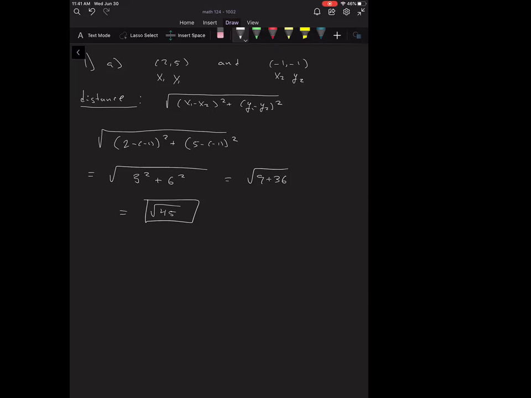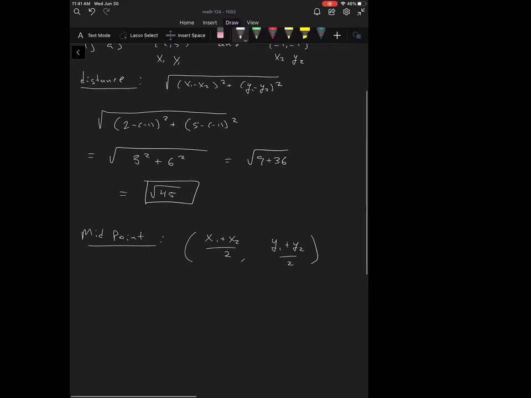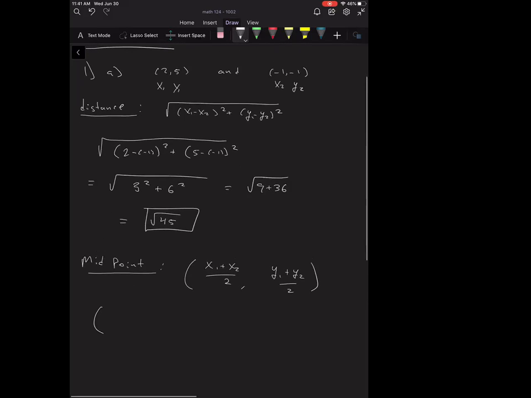And for the midpoint, we have to use the midpoint formula: (x1 plus x2) divided by 2, (y1 plus y2) divided by 2. Plugging that in, we add up the x values, 2 plus negative 1, so it is 2 minus 1, then divide by 2.